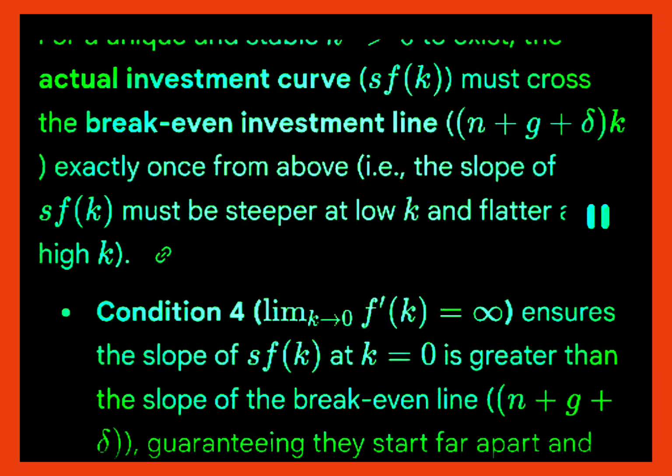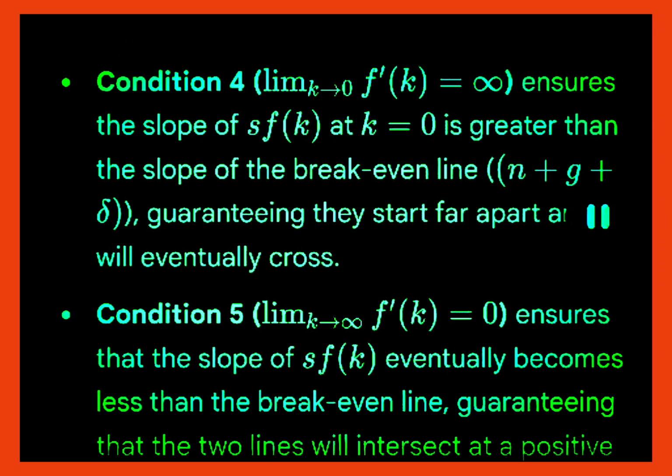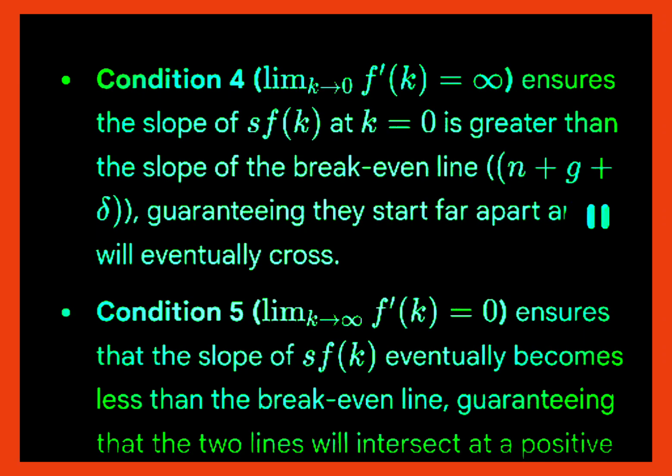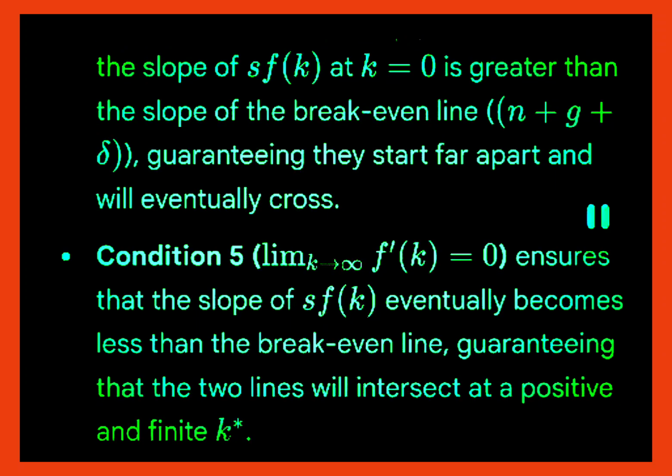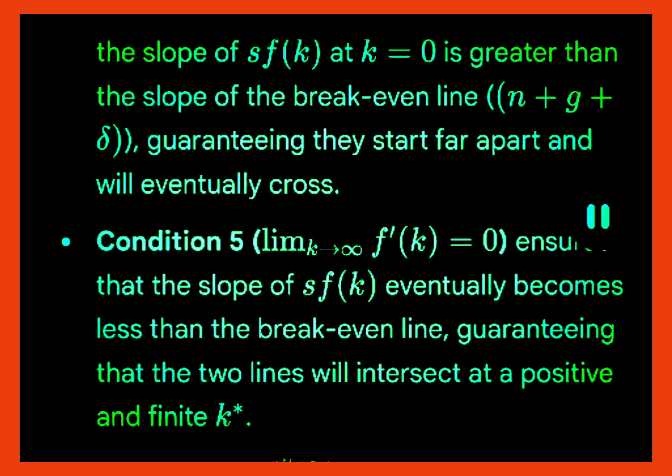Condition 4, the limit as k goes to 0 of f'(k) equals infinity, ensures the slope of sf(k) at k equals 0 is greater than the slope of the break-even line, n + g + δ, guaranteeing they start far apart and will eventually cross.